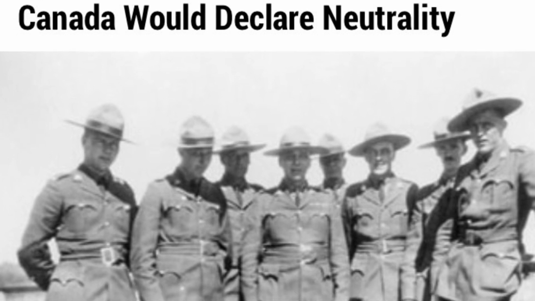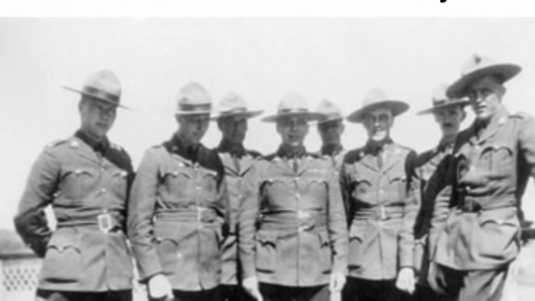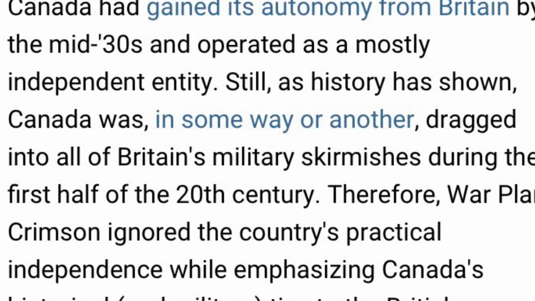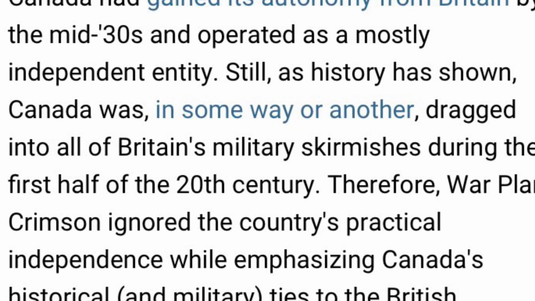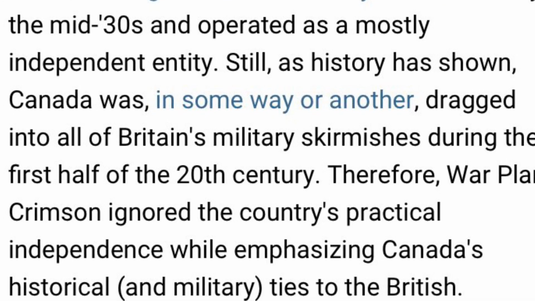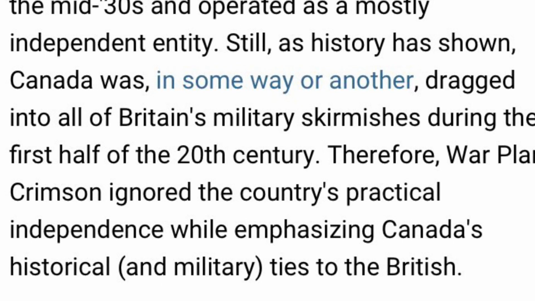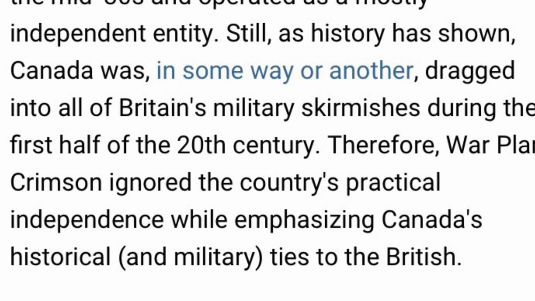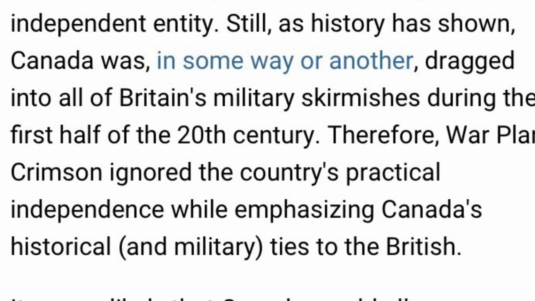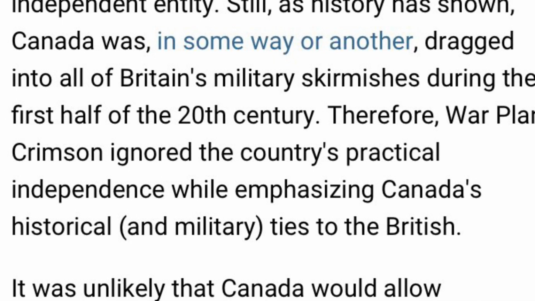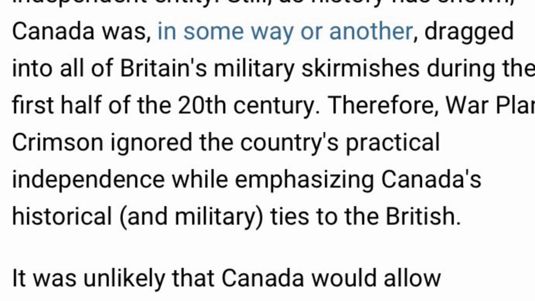The U.S. may not have cared whether Canada would declare neutrality. Canada had gained its autonomy from Britain by the mid-1930s and operated as a mostly independent entity. Still, as history has shown, Canada was in some way or another dragged into all of Britain's military skirmishes during the first half of the 20th century.